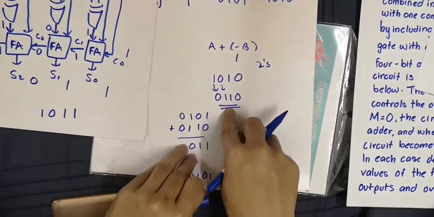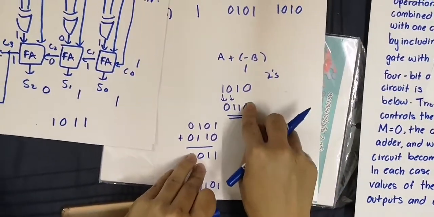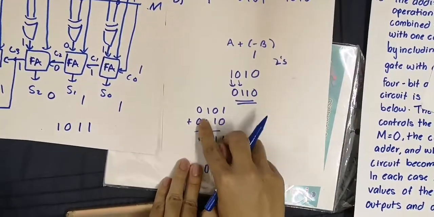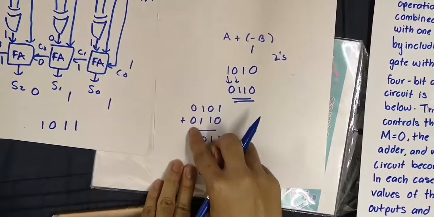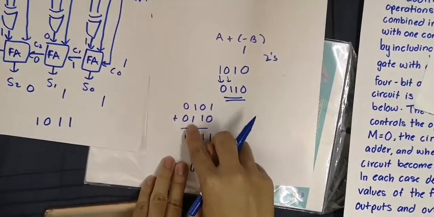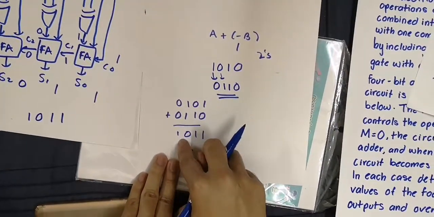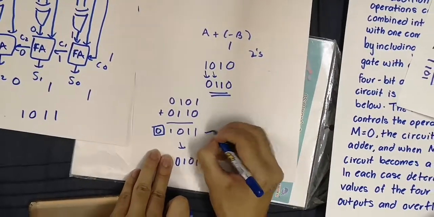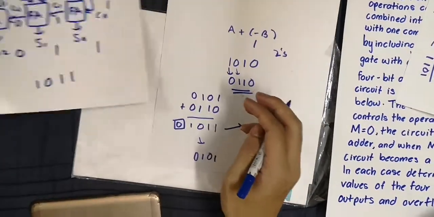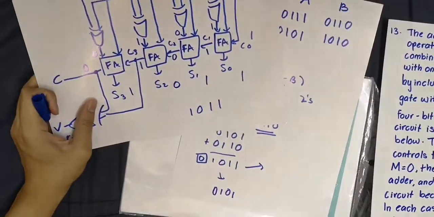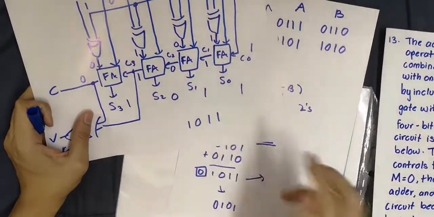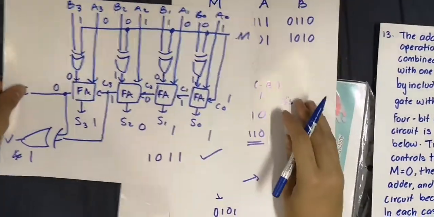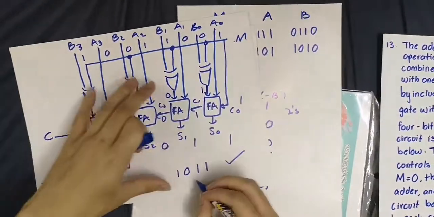So here is the 2's complement of B. Just add A plus the 2's complement of B: 0 1 0 1 plus 0 1 1 0, and we get 1 0 1 1 with the carry of 0. So this is the final answer. The final answer is the same as the one in the circuit. So yes, it acts as the subtractor, and the answer is 1011.